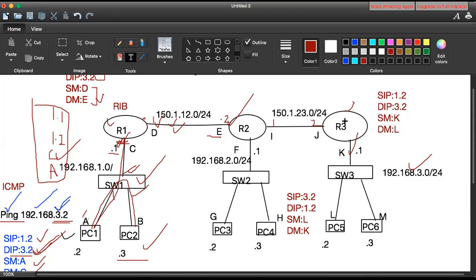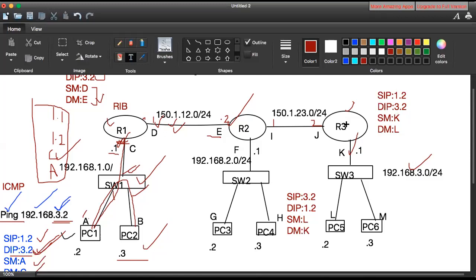Now R3, when it opens layer 3, is going to check who is the destination IP. Now the destination IP is 1.2. Does R3 know where 1.2 is? Two scenarios. Yes, it knows. Second, it doesn't know.